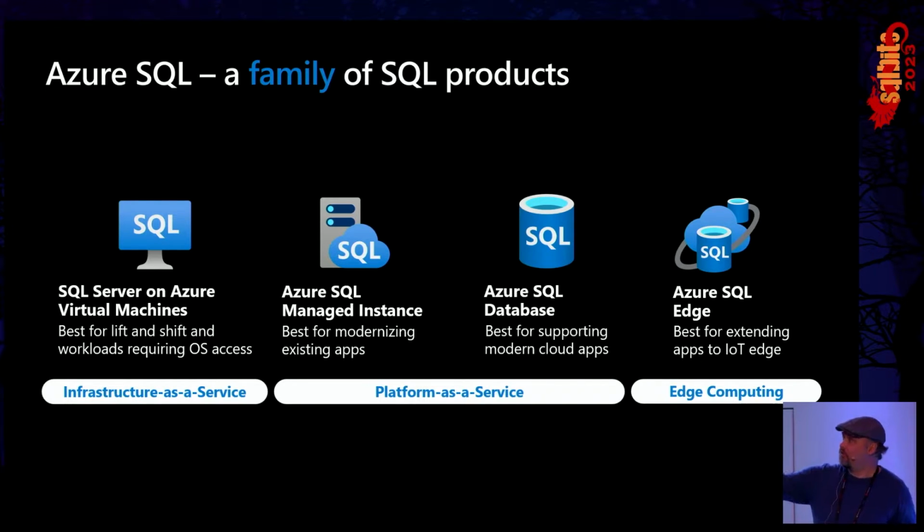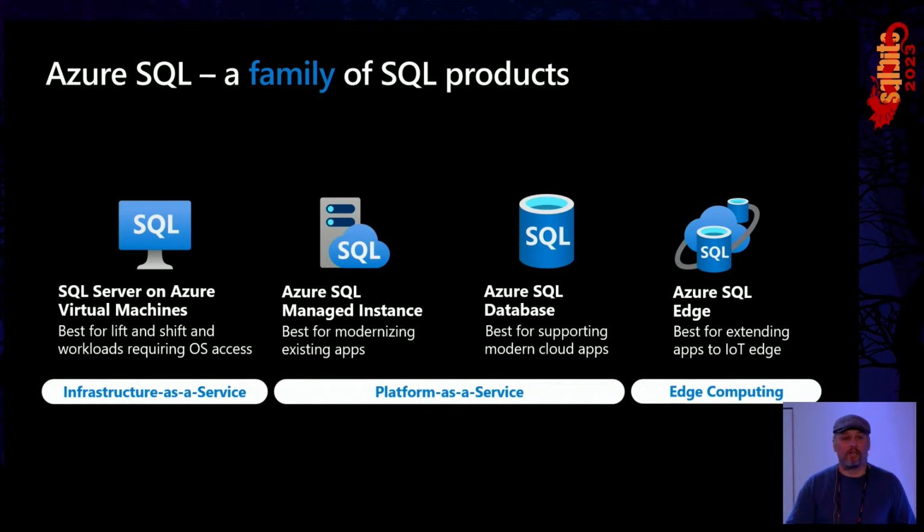We also have the Azure SQL Edge. It's best for extending applications to IoT and edge computing. Let's talk about the platform as a service. Here we've got 2 offers. Azure SQL Database, the database offer, which is the best when you're building a brand new application targeting the cloud-native capabilities.